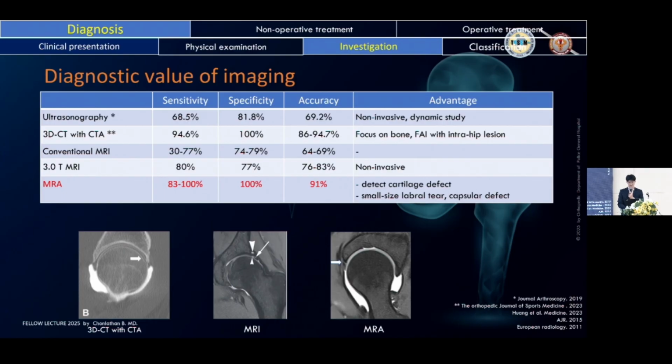For MRA, it has the highest diagnostic efficiency in ALT. Moreover, it can detect small labral tears, cartilage, and capsular defects. For MRA findings, as the third picture shows, the contrast-filled cleft extends into the labrum or the acetabular labral interface.